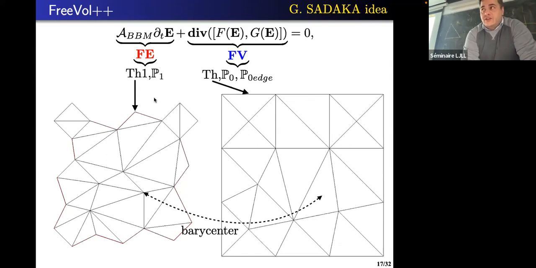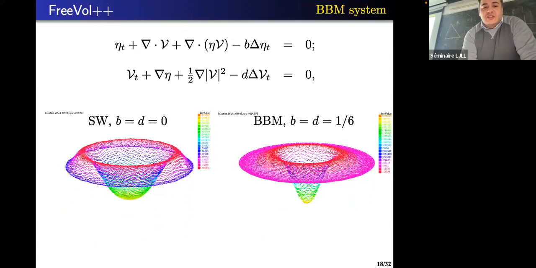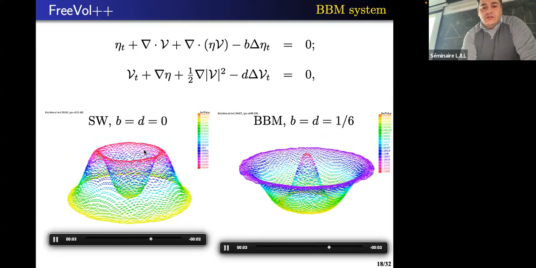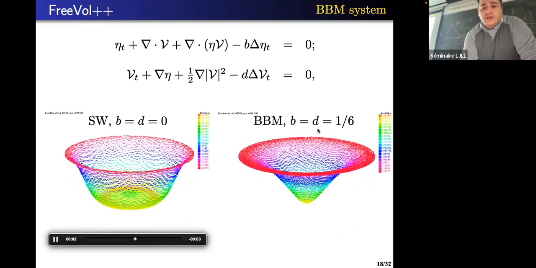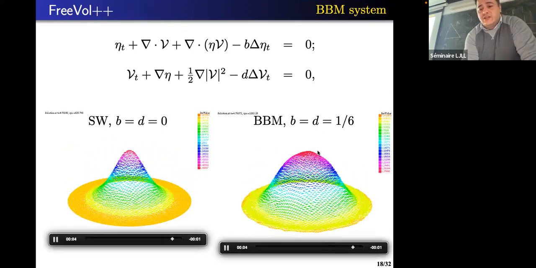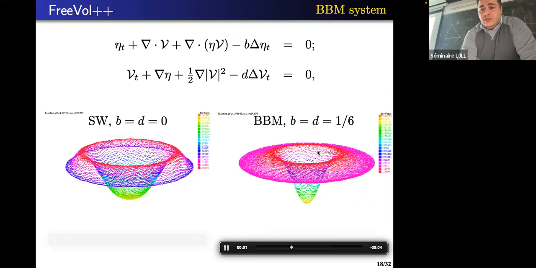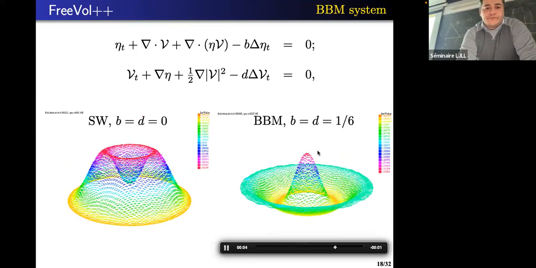And since the solutions in P1 are on the vertices and the P0 are on the barycenters, we can interpolate and bring the solution from P0 to P1 or P1 to P0 without losing anything. And as application, here is only for the finite volume, it's only BD equal to 0, and here another solution for BD different than 0.